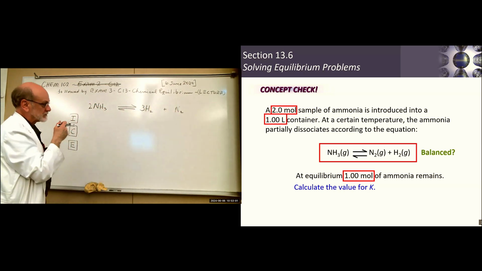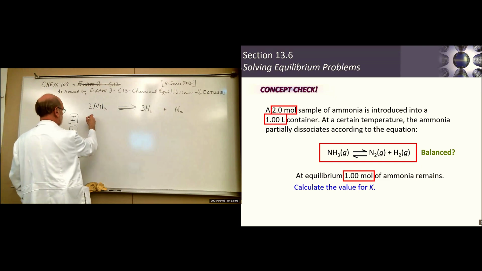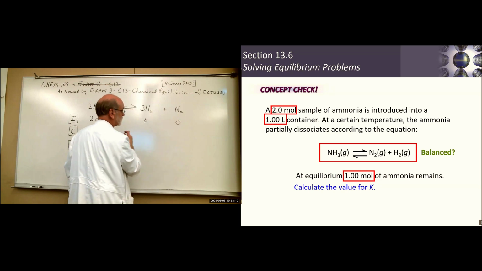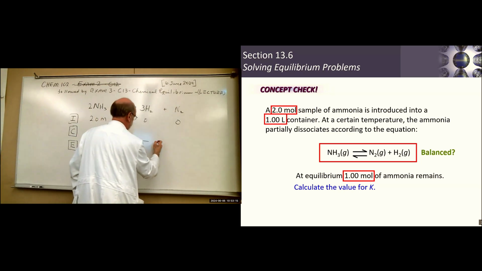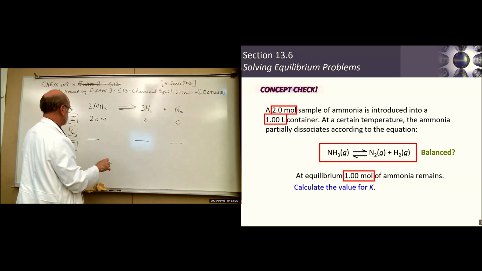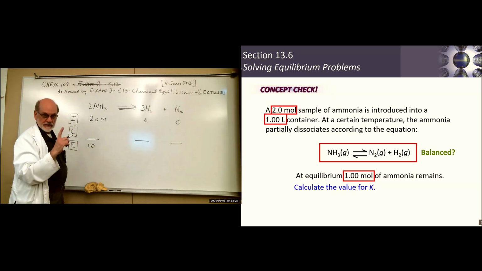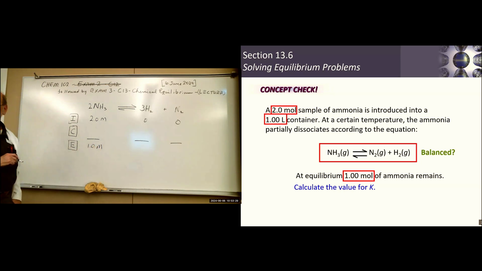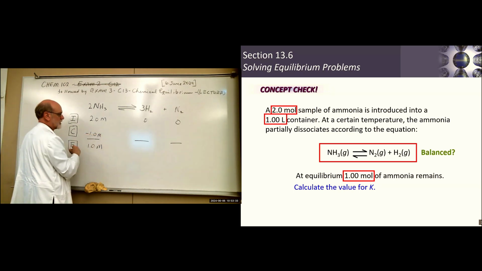There you go. Okay. We're starting off with 2 molar ammonia. Initial concentration. Right? And nothing here, nothing here. So we know it's going to go that direction. We're told 1 mole of ammonia remains. So down here, we've got 1 mole still in a 1 liter container. So it's 1 molar. Okay. That means we had to lose 1 molar in the process.